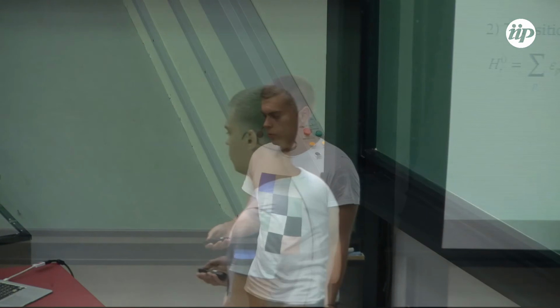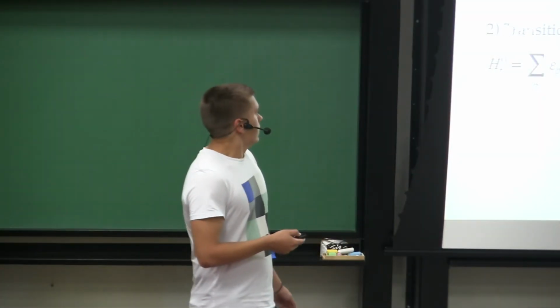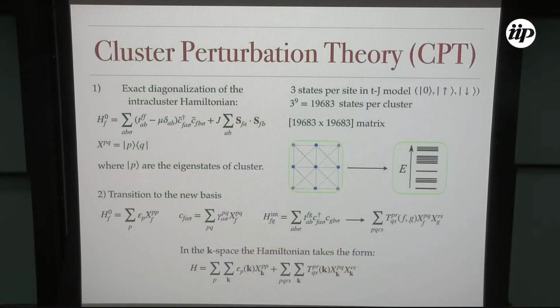We have to calculate a whole set of eigenstates, and then we move to the new basis based on these eigenstates of clusters. We write the Hubbard operators based on these eigenstates.